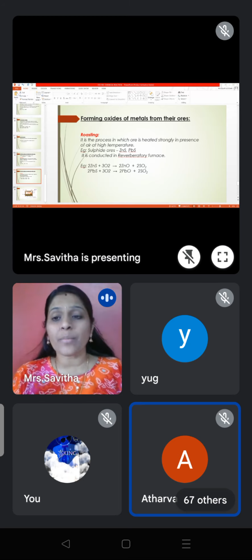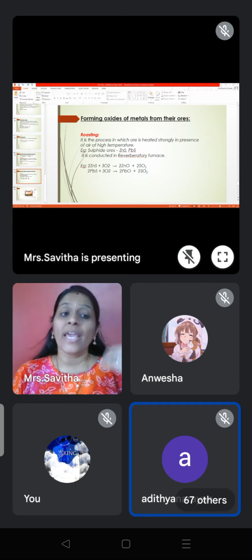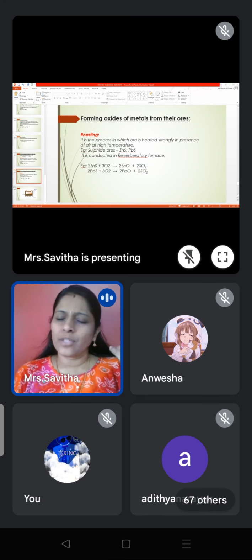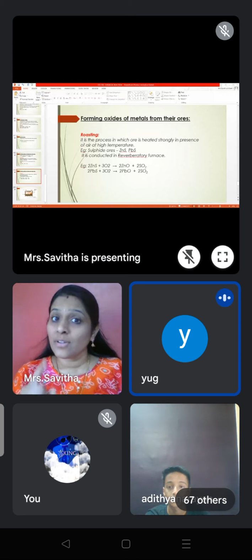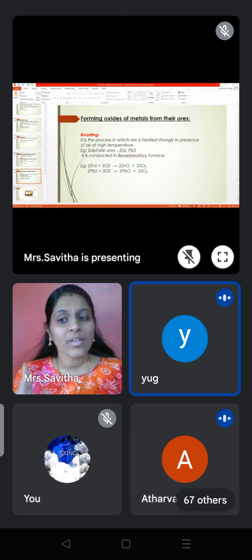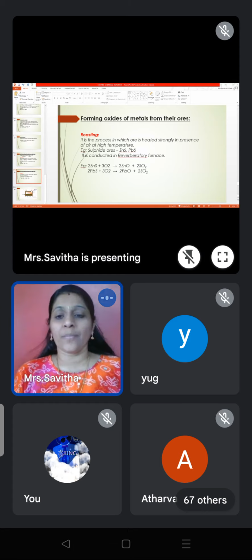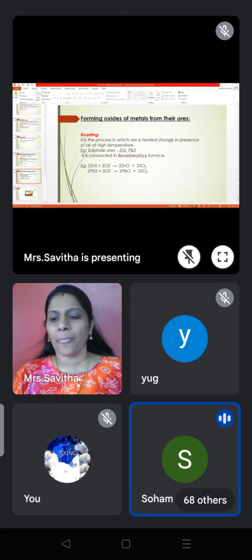In roasting, we take sulfide ores. In calcination, carbon dioxide evolves; in roasting, sulfur dioxide evolves. See, so many points of distinction we get between roasting and calcination.